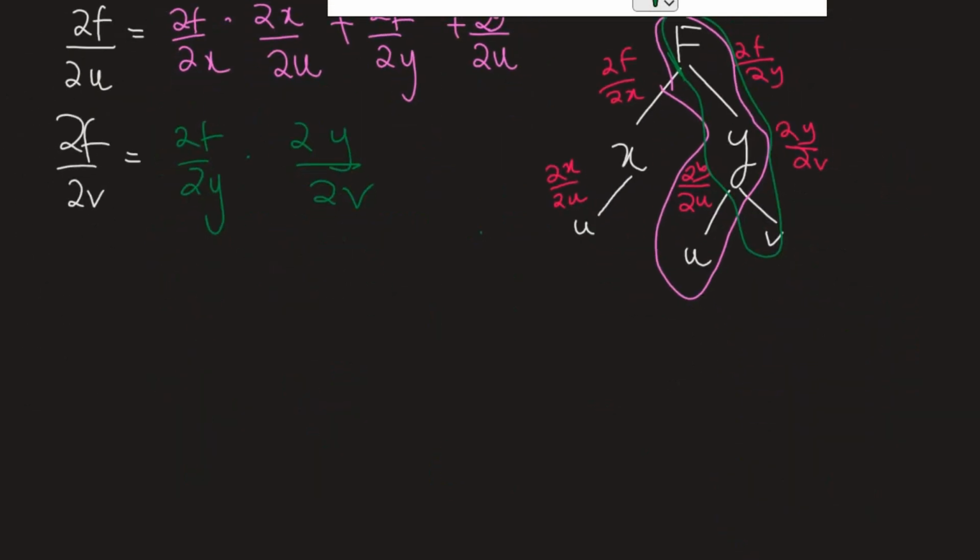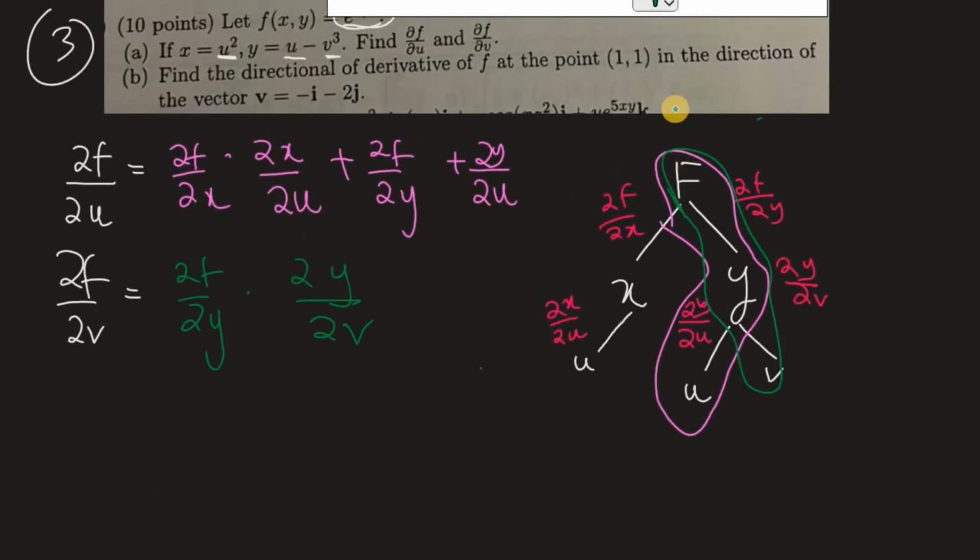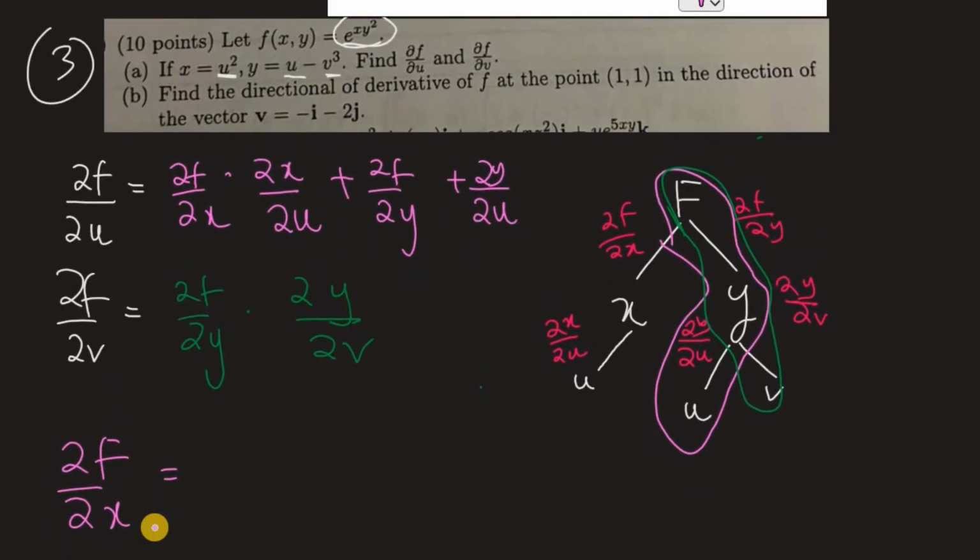So let's go ahead and find these values now. In order to find the partial derivative with respect to x, we're going to look at the function f.